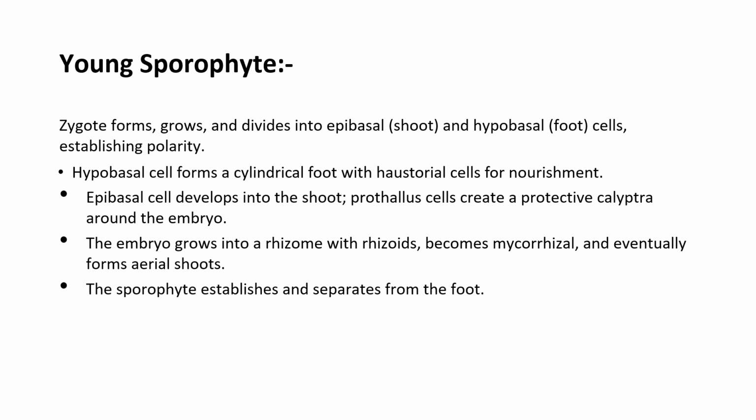While this sporophyte develops on the gametophyte, usually the prothallus creates a calyptra around the developing embryo. This gives additional protection to the embryo. This embryo then grows rhizoid and rhizome, and eventually produces the aerial shoot, which establishes the sporophytic phase.